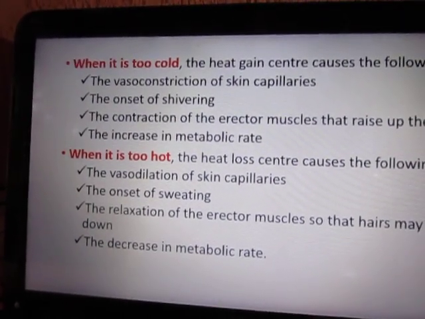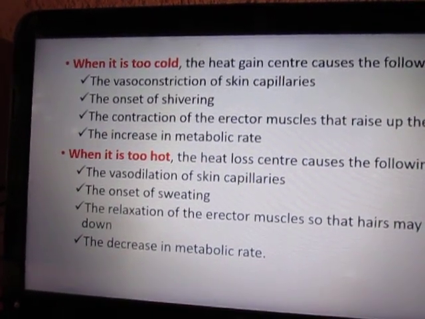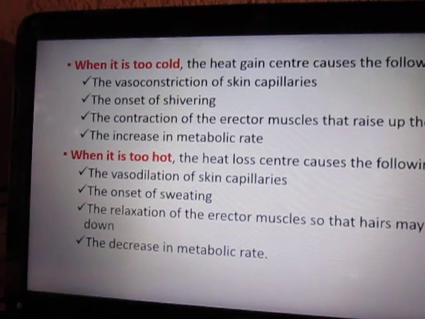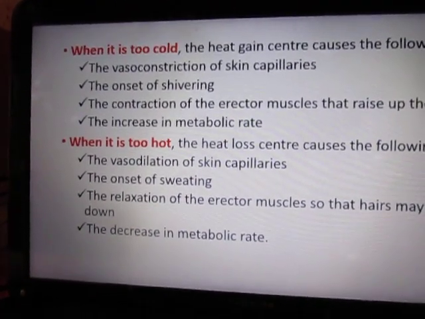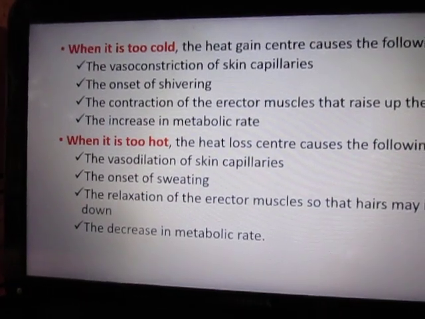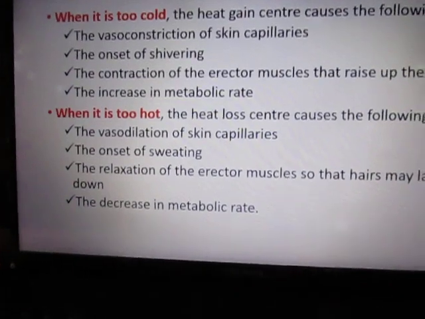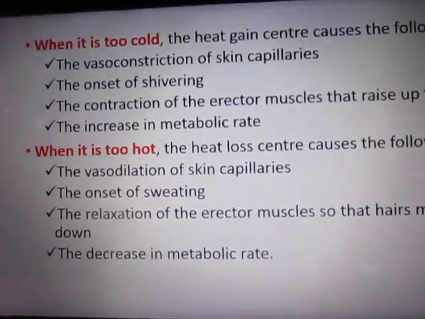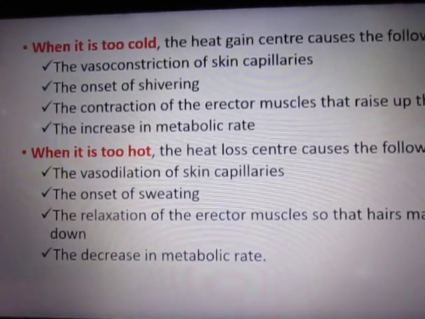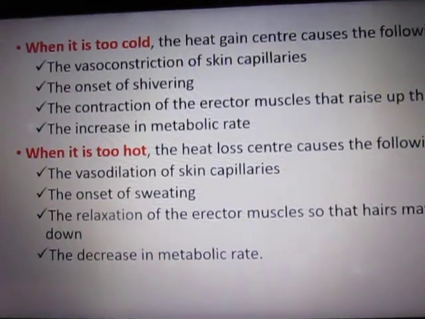We can also have the contraction of the erector muscles in the skin, which makes the hair rise. We can also find an increase in metabolic rate. Here, glucose is consumed and, as it is consumed, it produces energy and heat. So that's what happens when it is too cold.